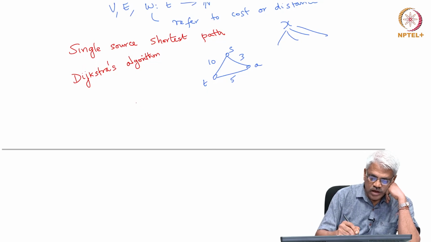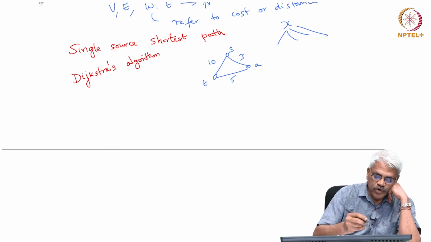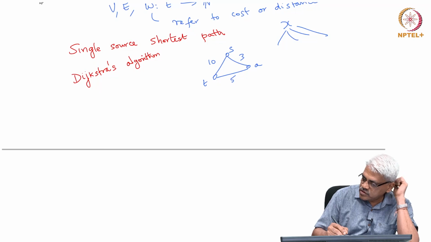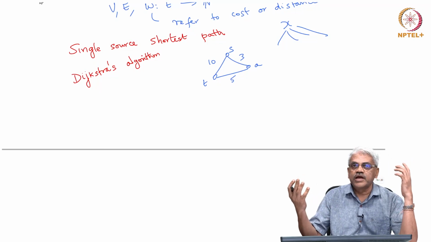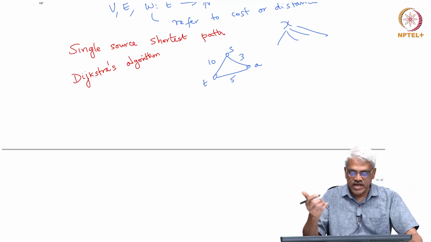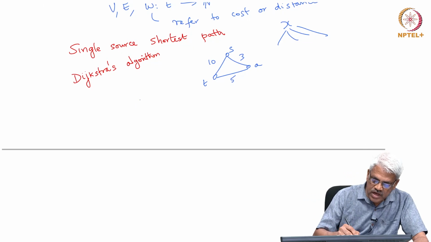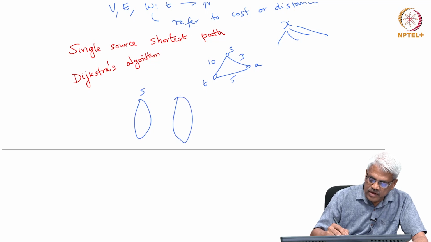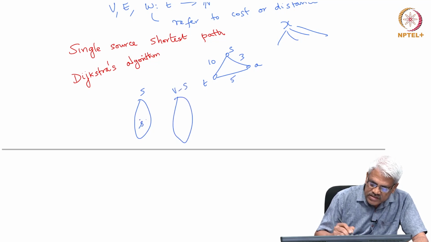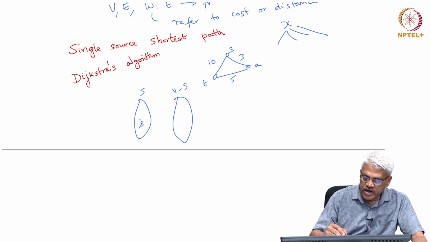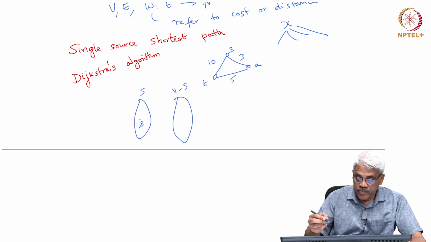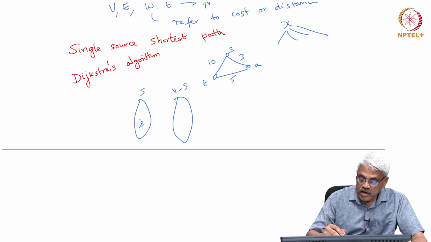So again, we are going to grow something like BFS starting at some vertex. Let's say S is that vertex. Then I am going to create some set S, and the remaining vertices are V minus S. The set S initially is small s, and V minus S is every other vertex.